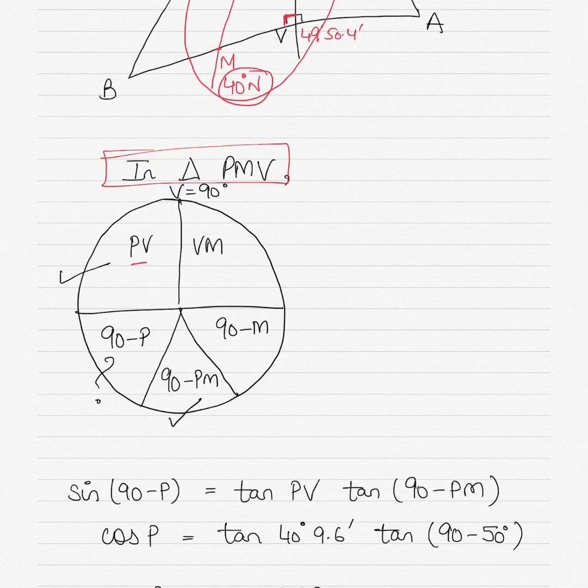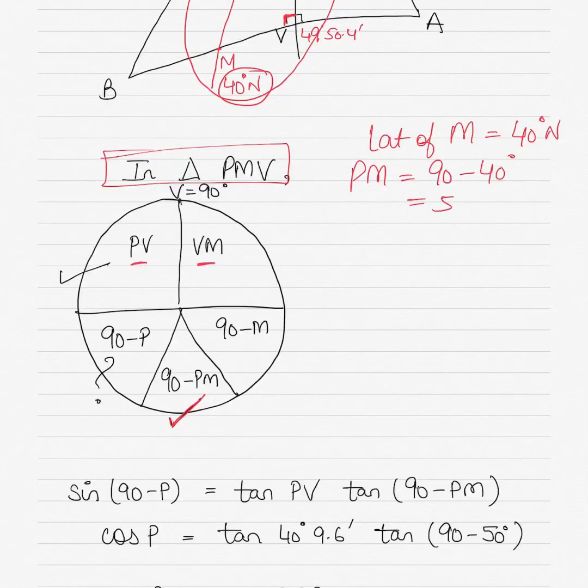Write the sides next to the vertex, which are PV and VM, the angle opposite to PV and VM with a 90 minus prefix, and then the remaining side, 90 minus PM, at the bottom. We know 90 minus PM because the latitude of M is 40 degrees north, so PM will be 90 minus 40, which is equal to 50 degrees. Alright, that's how we know PM.